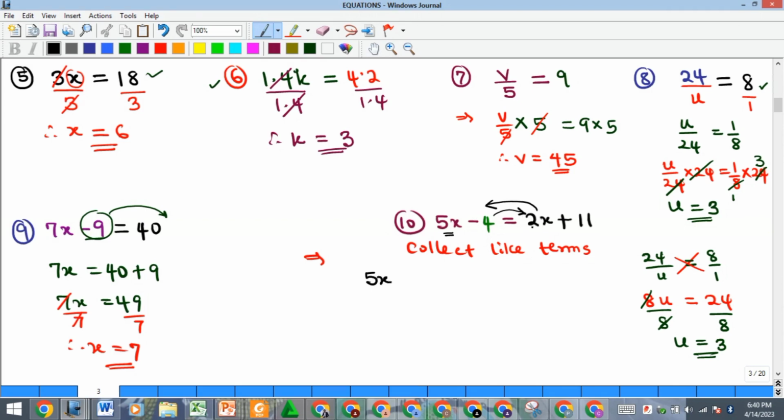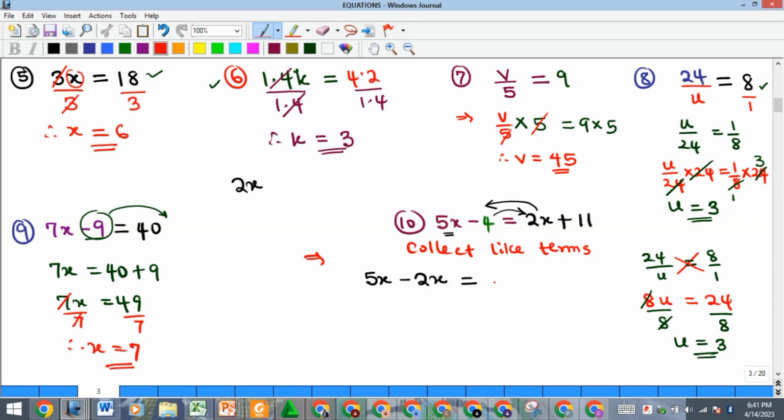Now, meanwhile, you should also check the sign of whichever one you are moving. Now, this 2x here is actually positive. If it were negative, there would be a negative sign in front. So whenever you have a number without a sign or an expression without a sign, it is always positive. So if I move the positive 2x to this side, it becomes negative 2x, and that's my equal sign.